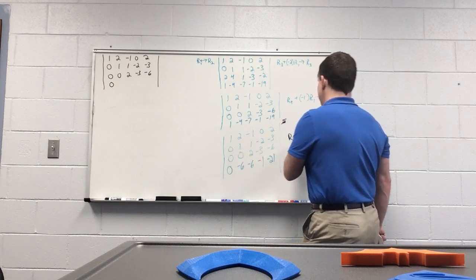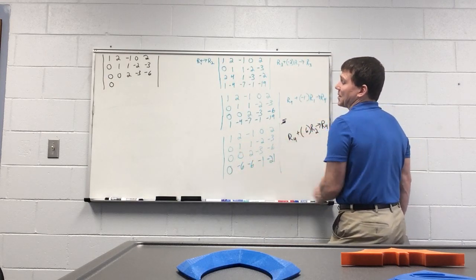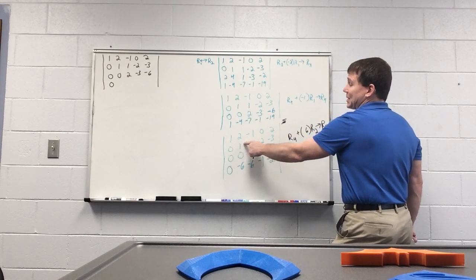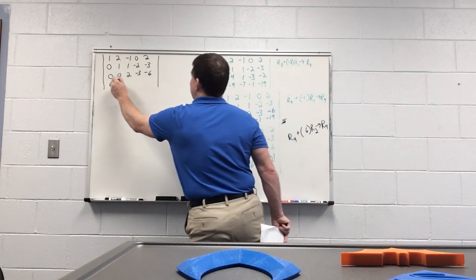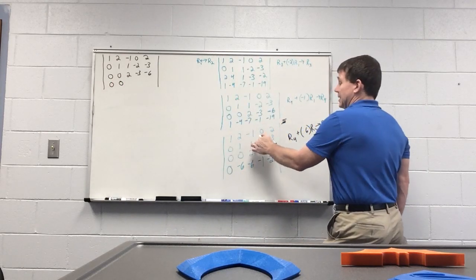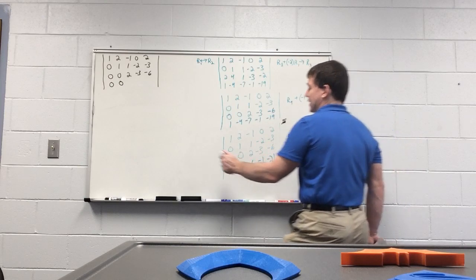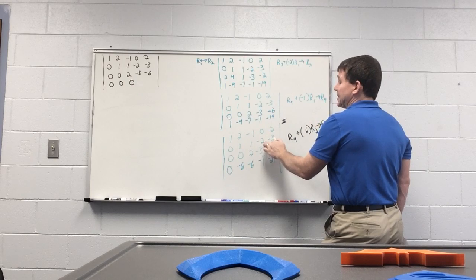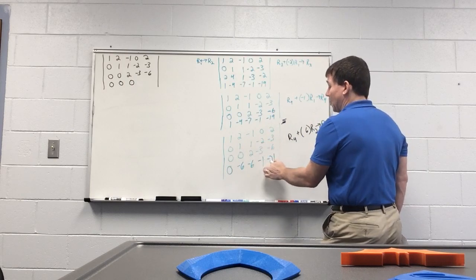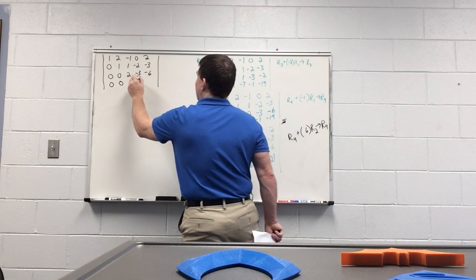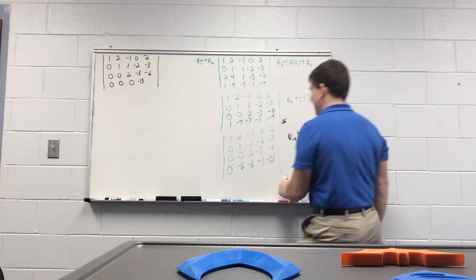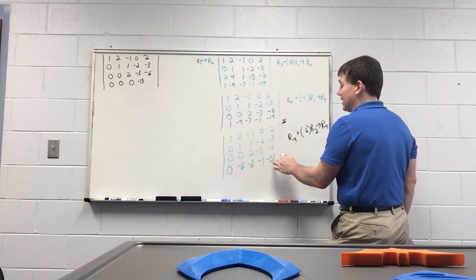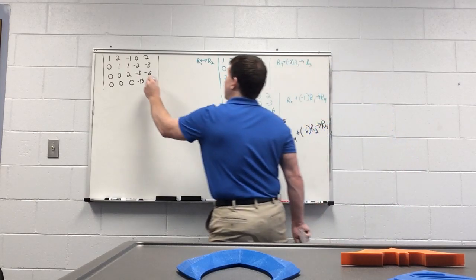Negative 6 times 1, well actually my bad, I need positive 6, because that's already a negative 6. 6 times 0 won't change anything. 6 times 1 is 6, 6 minus 6 is 0. 6 times 1 is 6, 6 minus 6 is 0. 6 times negative 2 is negative 12. Negative 12 minus 1 is negative 13. 6 times negative 3 is negative 18. Minus 21 is negative 39.